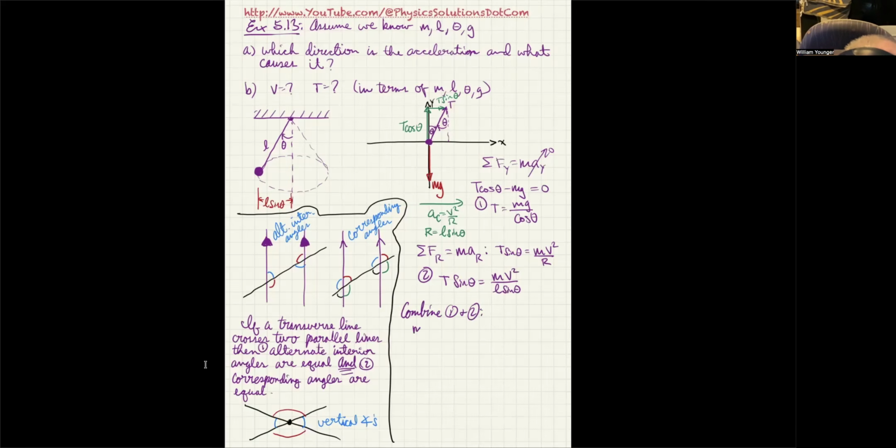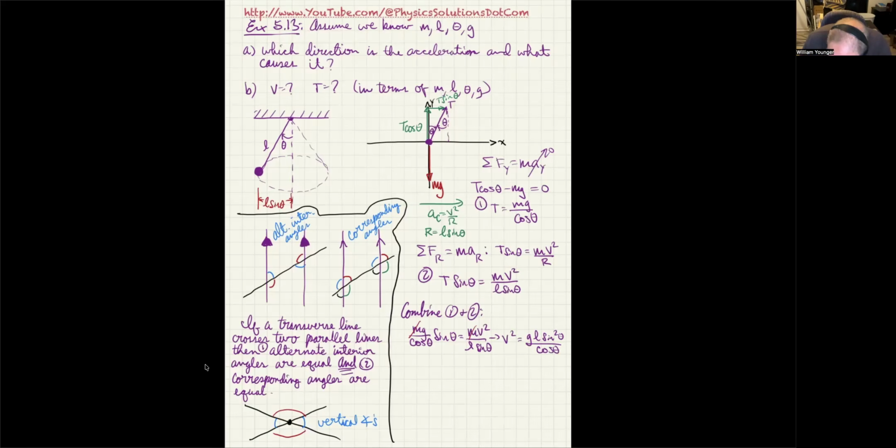So I'm going to get mg over cosine theta times sine theta is equal to mv squared over L sine theta, like that. You can see that the m's cancel out, and you can also see that v squared is equal to g times L times sine squared theta divided by cosine theta.